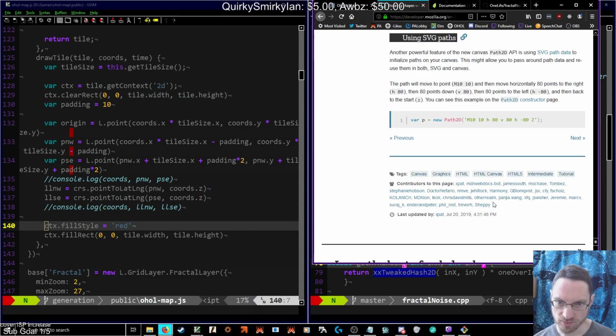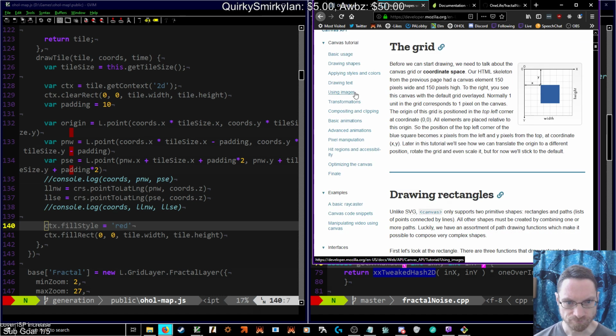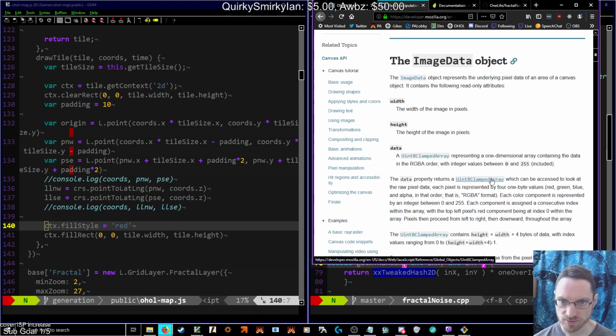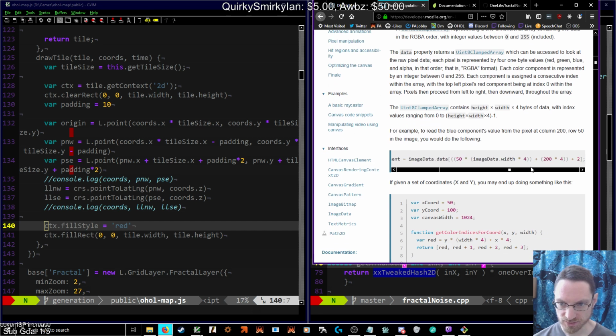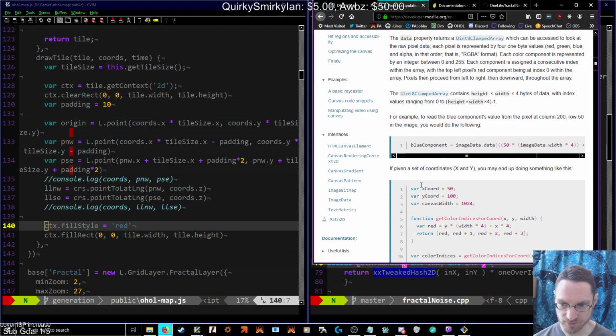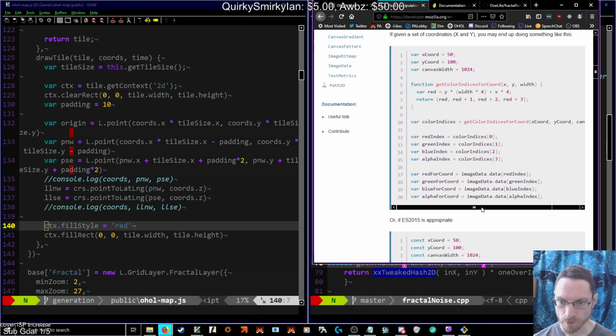Path 2D, SVG paths. Pixel manipulation. The image data object indeed. RGBA. Okay, so if you want to deal with pixels, we've got to do all the image math. Get color indices for coord, which gets a whole set of things.